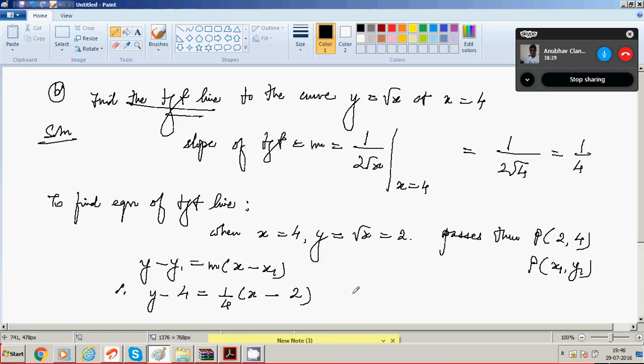So we will get 4y minus 8 equals x minus 4. So the equation is x minus 4y plus 4 equal to 0, and that's the answer, the equation of the tangent line. Okay. Yes, sir.